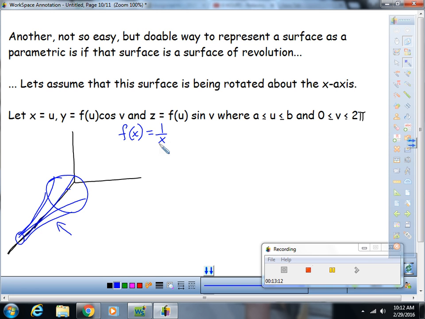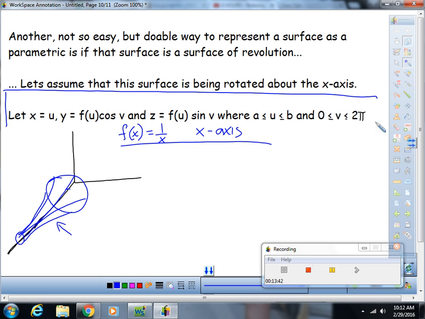So this one, we are revolving it around the x-axis, okay? So those are the two pieces of information that you need. What this is telling you right here are the rules for the surfaces of revolution.